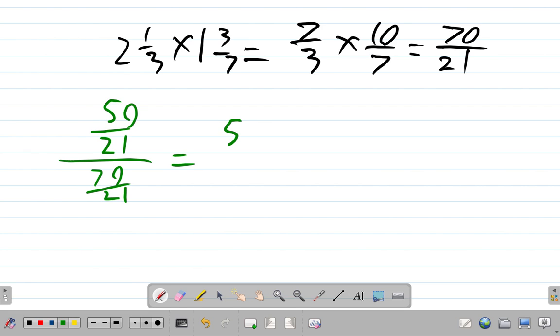This is the same as 50 divided by 21. Now notice I write the equal sign because I want to show that this is equal to this. Don't write this and then this without the equal sign because you're really speaking mathematically, you're making a statement. So 50 divided by 21 divided by 70 divided by 21 is equal to 50 divided by 21 multiplied by 21 divided by 70. Alright?